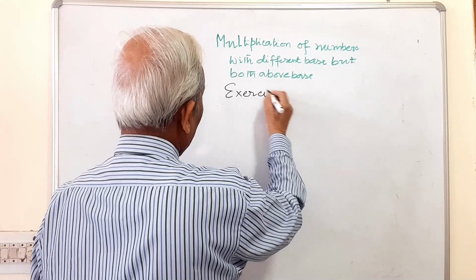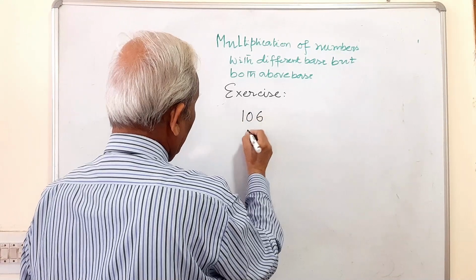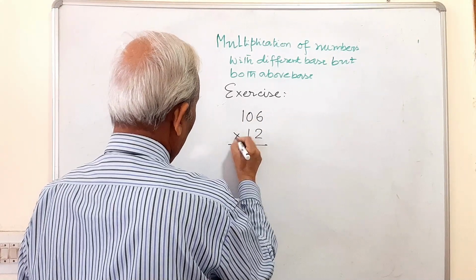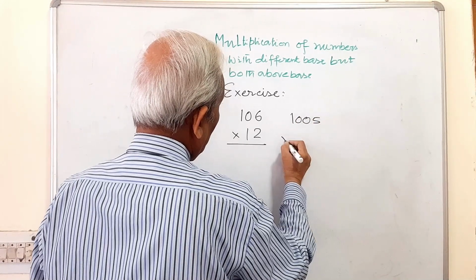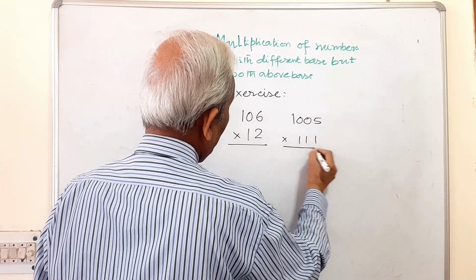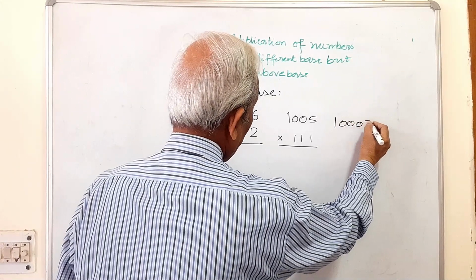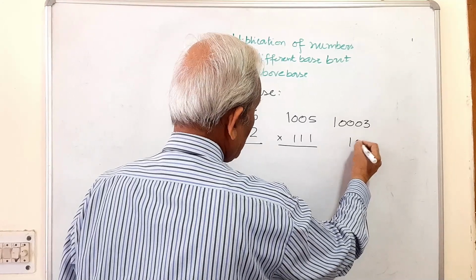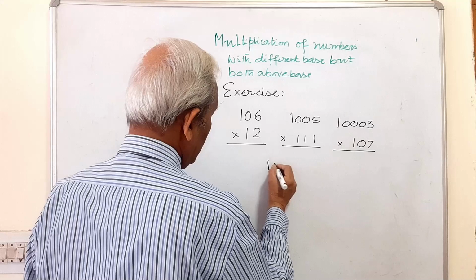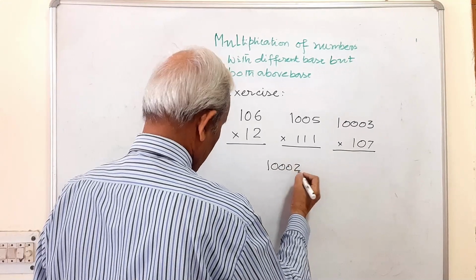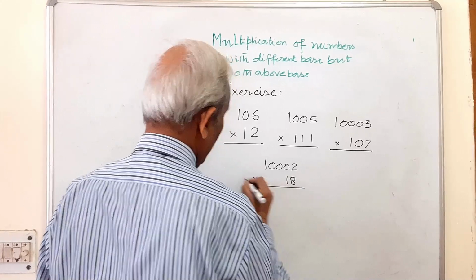Exercise: 106 into 12, 1005 into 111, 10003 into 107, and 10002 into 18.